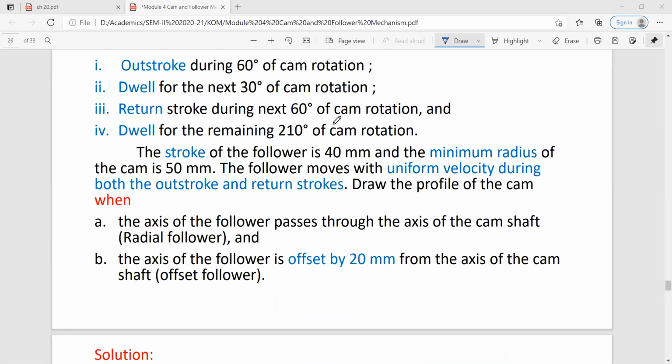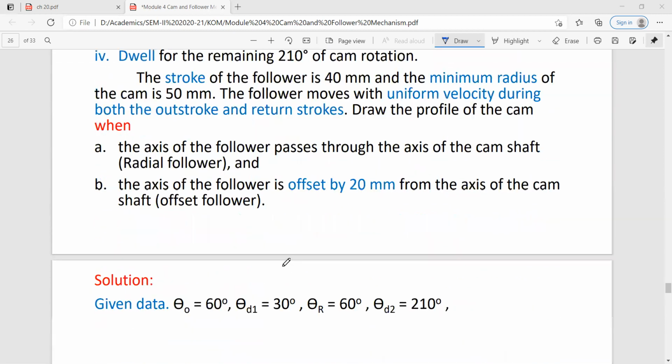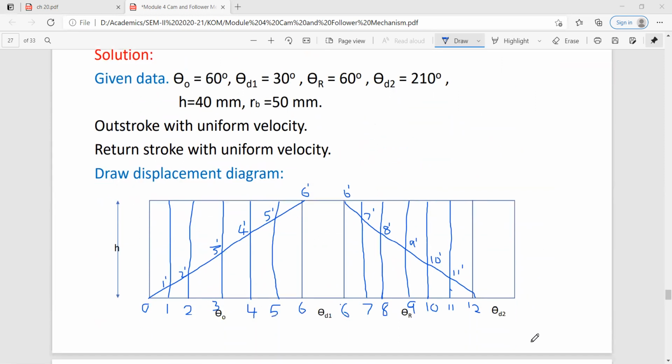We have seen this numerical, like we have started it. We noted out different given data, and based on that data, we drew the displacement diagram like this.